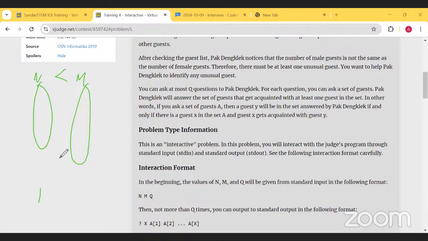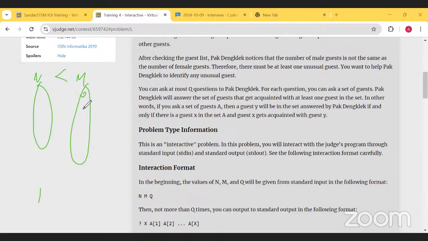And then after we query all of the male, if there is a female that is not in the response, then that person is the answer, the unusual case.